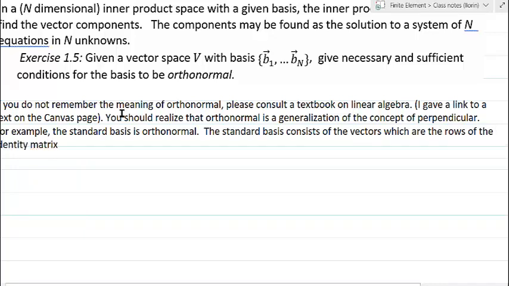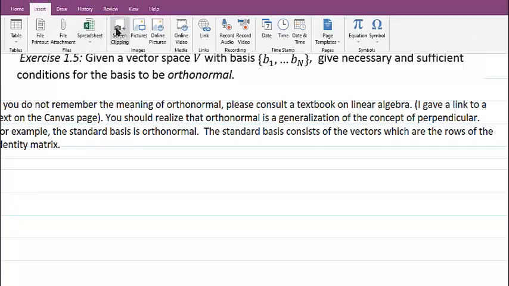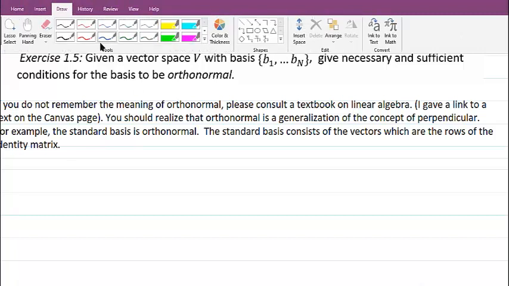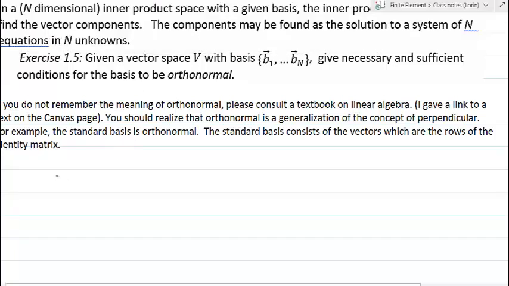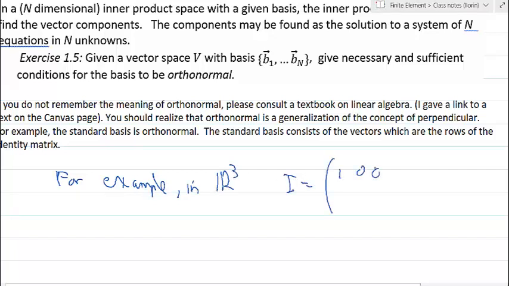For instance, in R3, I have the identity matrix as 1, 0, 0; 0, 1, 0; 0, 0, 1.